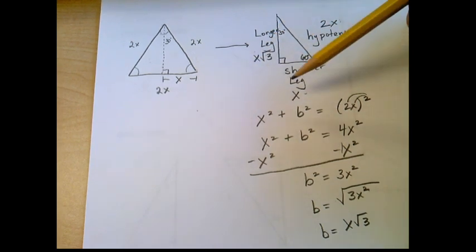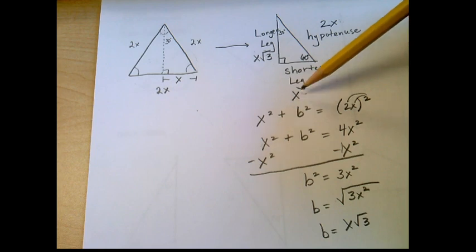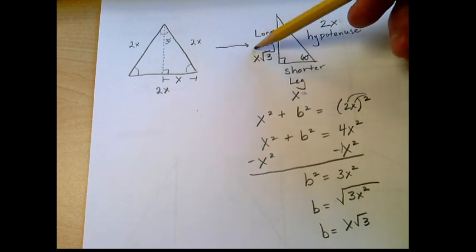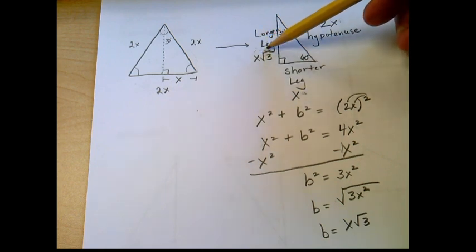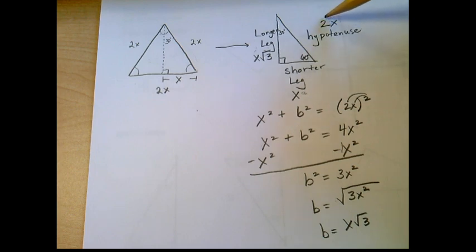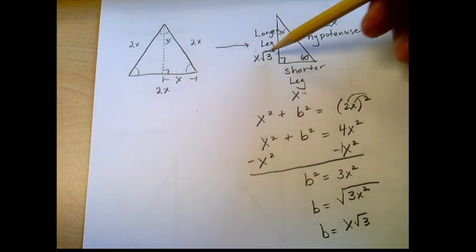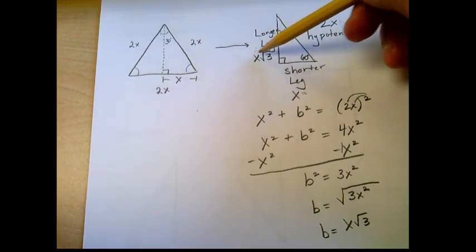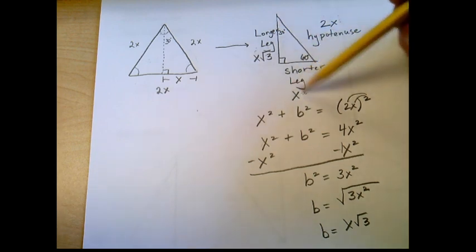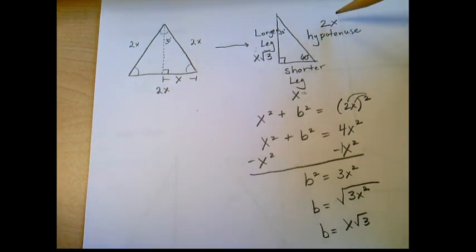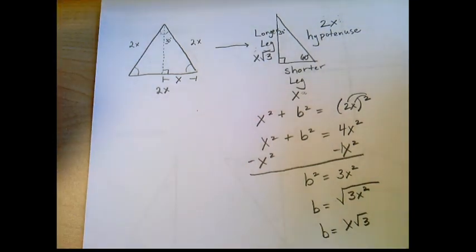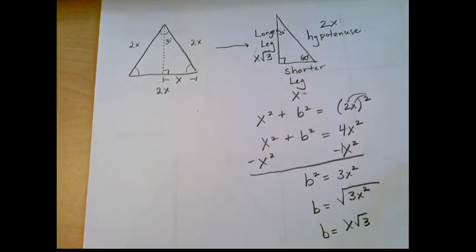If the shorter leg is 7, then the longer leg is 7 square root 3, and the hypotenuse is going to be 2 times 7, which is 14. And if this length right here is 9 square root 3, then the shorter leg is 9, and the hypotenuse is 18. So hopefully that makes sense there, folks.